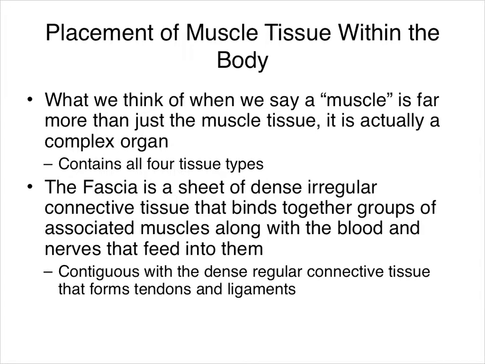It's muscle tissue with connective tissue binding it together, with epithelial tissue that forms blood vessels that are going to carry blood and nutrient supply to the muscle, and it's got neuronal axonal endings that are going to be stimulating and controlling the muscle. All of this is bundled together into what we think of as being a muscle.